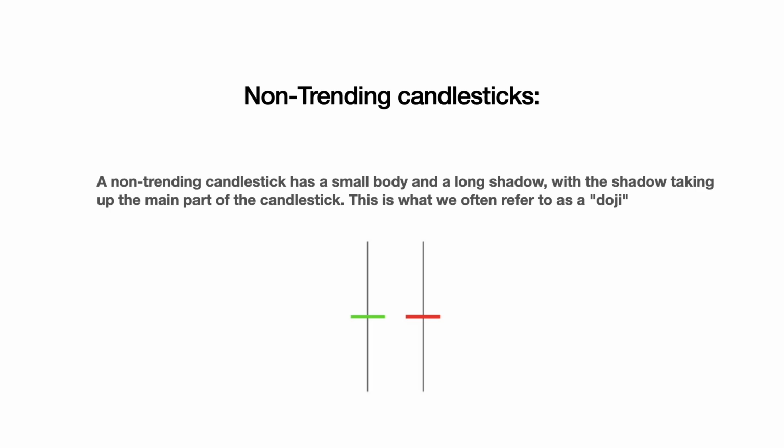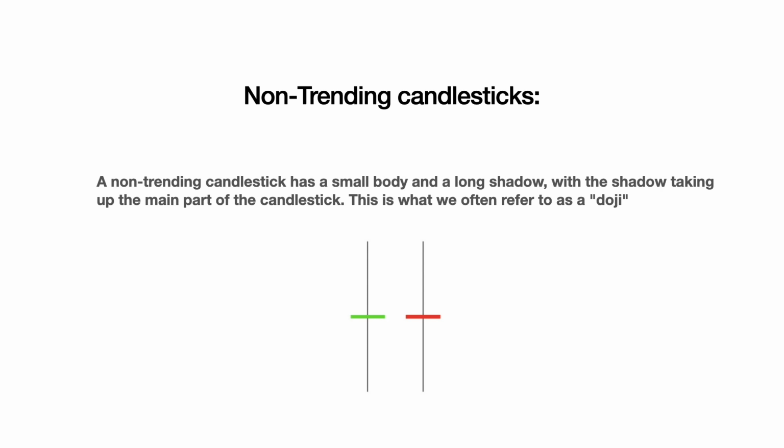So, what does a non-trending candlestick represent? A non-trending candlestick has a small body and a long shadow, with the shadow taking up the main part of the candlestick. This is what we often refer to as a doji. In a non-trending candlestick, neither the bulls nor the bears manage to control the candlestick. Neither side holds dominance.